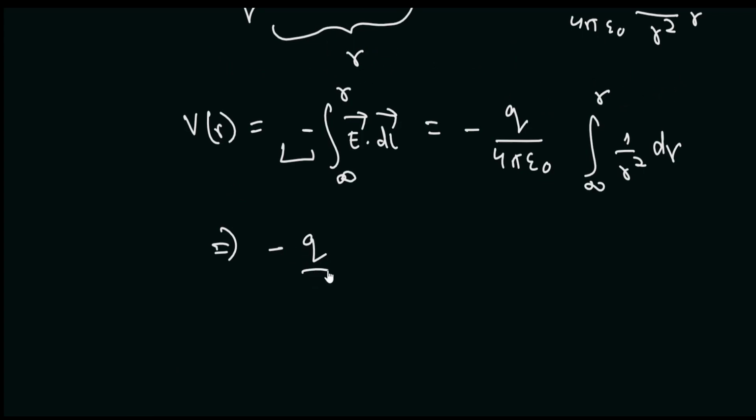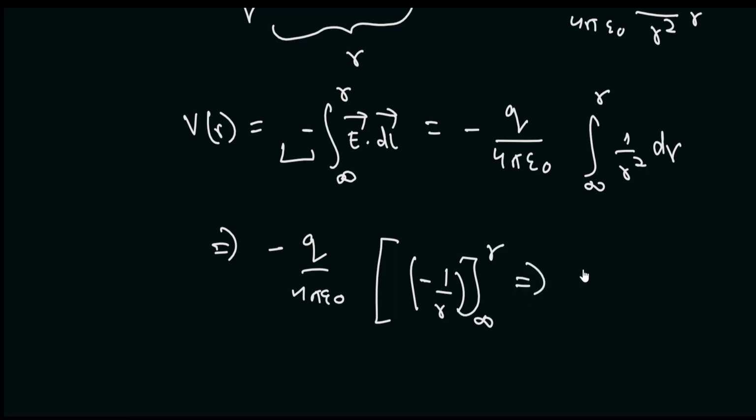We can write that as minus q divided by 4 pi epsilon naught, and the integral of 1 over r square will be minus 1 over r, and we integrate it from infinity to r, which will be equal to q divided by 4 pi epsilon naught 1 over r.